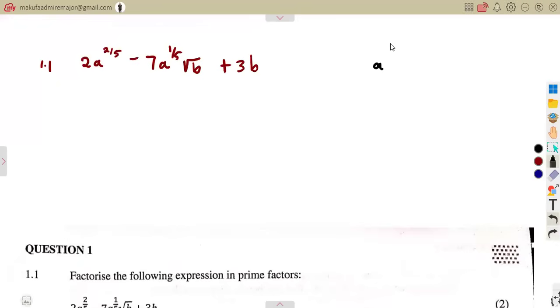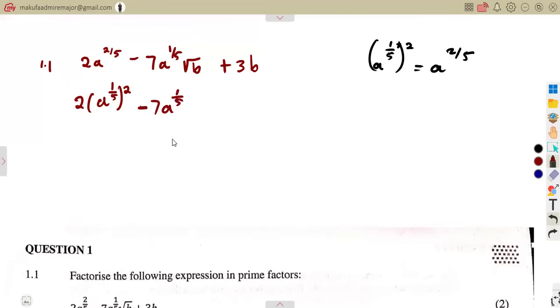If we take a to the exponent of 1 over 5 and raise it to the exponent of 2, we obtain 2 over 5, because we multiply the exponents. So this here can be written as 2 times a to the exponent of 1 over 5, raised to the exponent of 2. This other one is not going to change, just write it as it is.